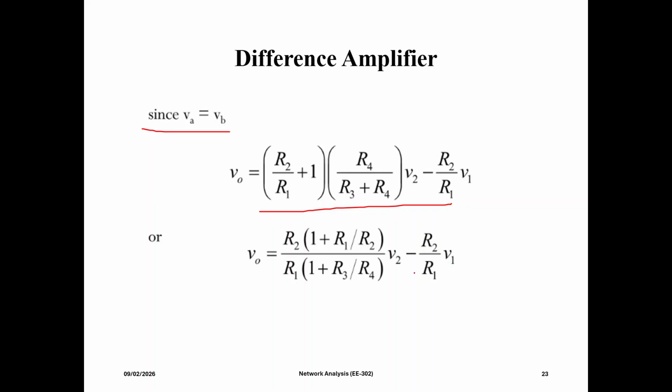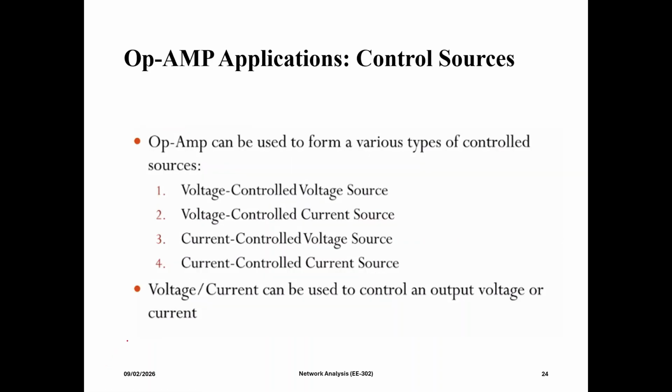So this shows the output is simply the difference between two voltages V2 and V1 multiplied by gain K. This difference amplifier is widely used in noise cancellation and also sensor signal conditioning, where we find the difference between two voltages.